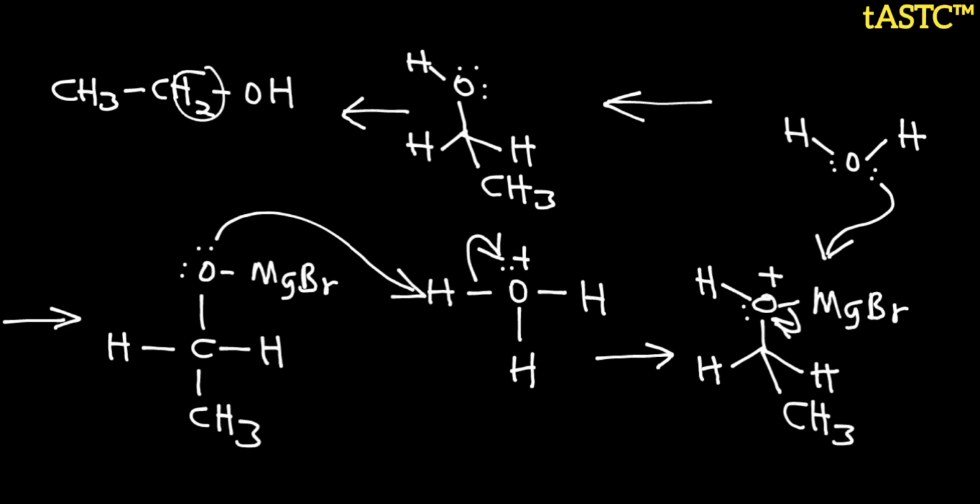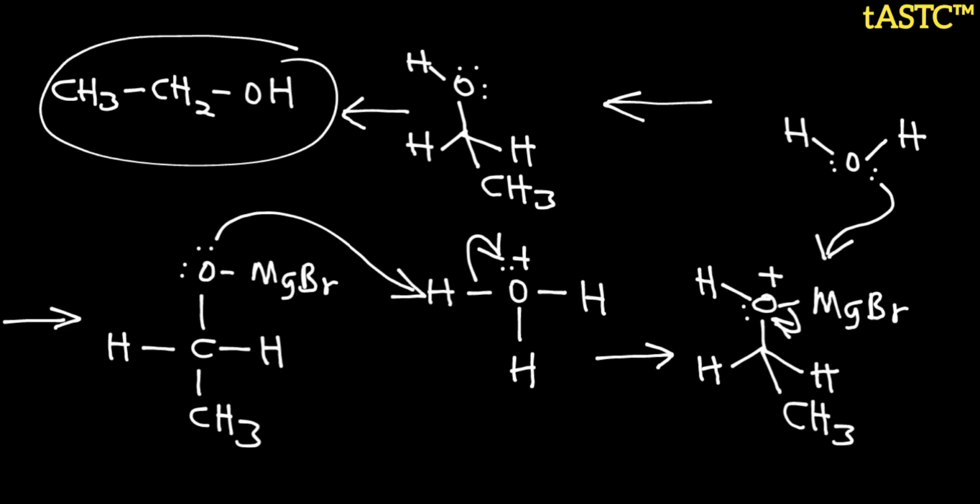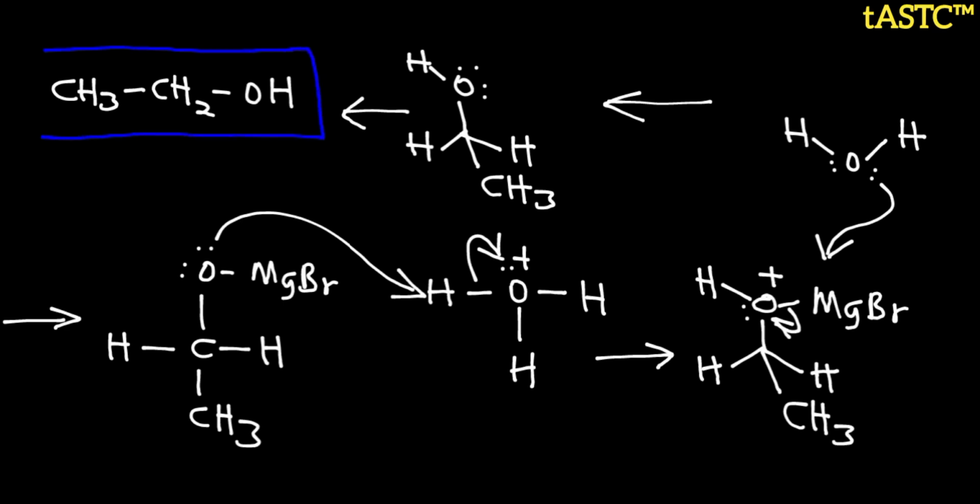So these 2 hydrogens, these are the ones, and this OH group is actually this species. So this is actually what you're forming. This is ethyl alcohol. That will be the product of the reaction. Ethyl alcohol is also called ethanol.